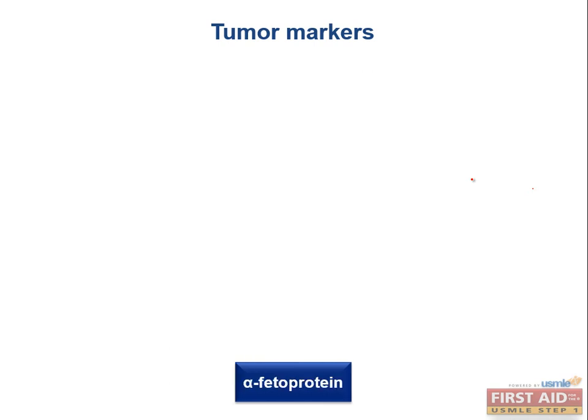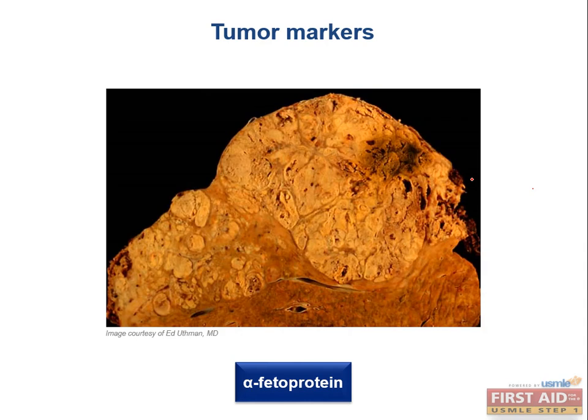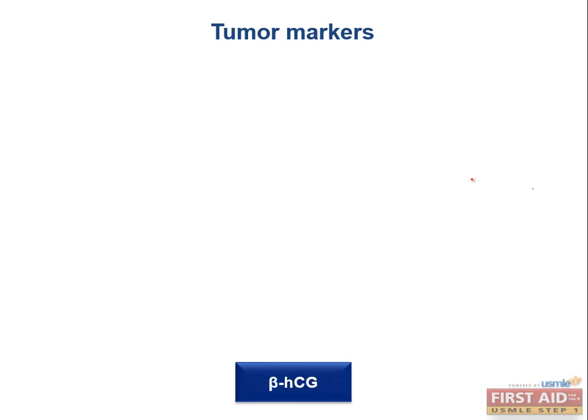Okay, good. Alpha fetoprotein. What about that one? Do you know where it's normally synthesized? The fetus, right? That's why it says feto, but it can be seen with hepatocellular carcinoma, and germ cell tumors of the testes and ovaries. What about beta-HCG?